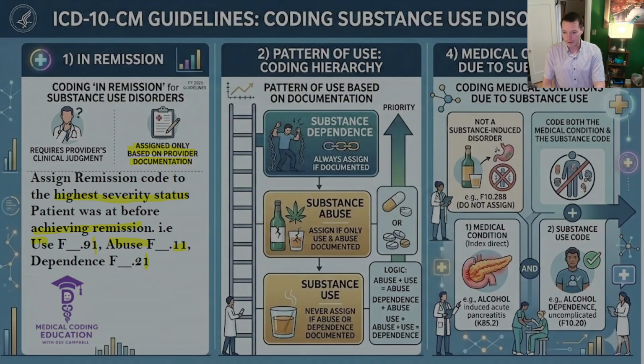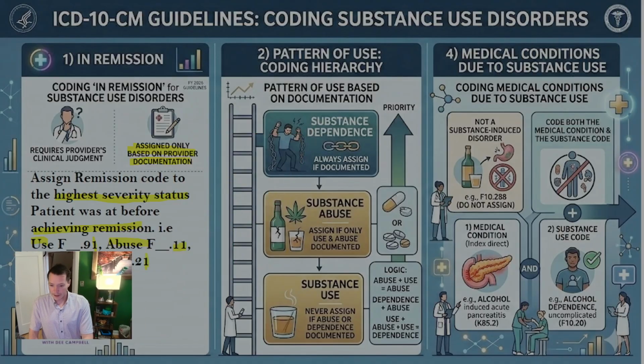This guideline here is important, that a lot of providers will tend to miss, which is the medical condition due to substance use. So we do have guidelines for when you have a medical condition caused by their drug use, make certain both codes are reported at the same time.